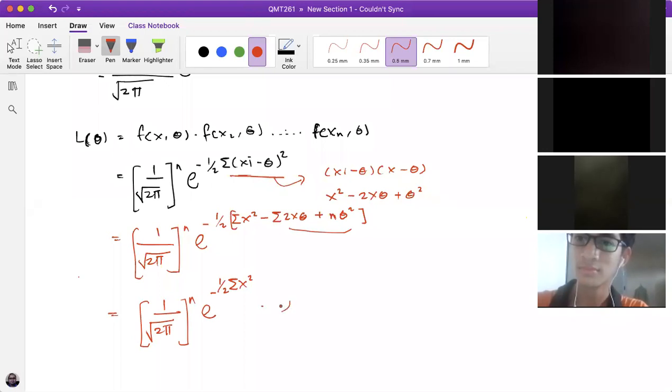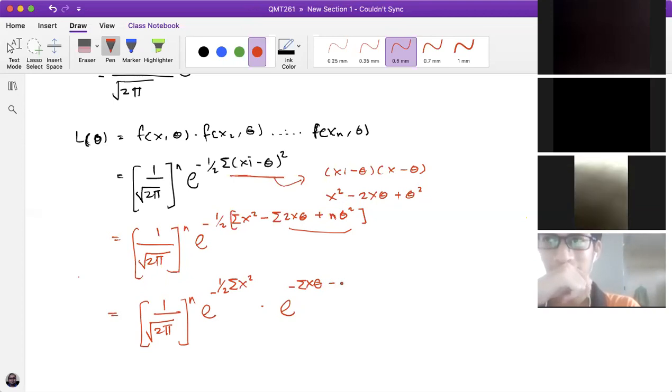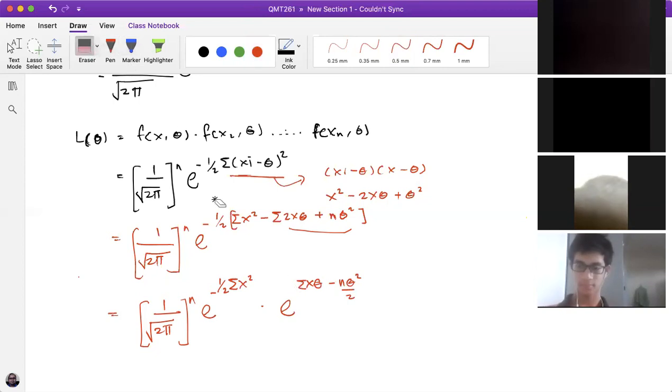And then this is multiplied by exponential negative, this is negative summation of x theta, and this is plus minus n theta squared divided by 2, right? So this one is a negative value.